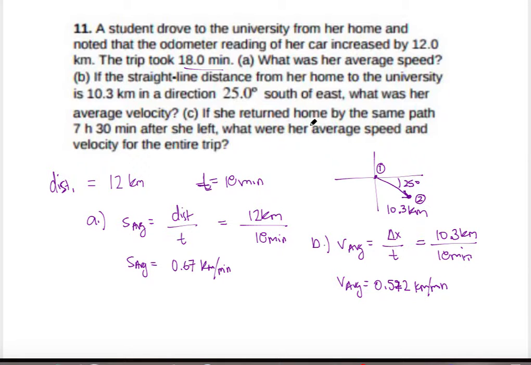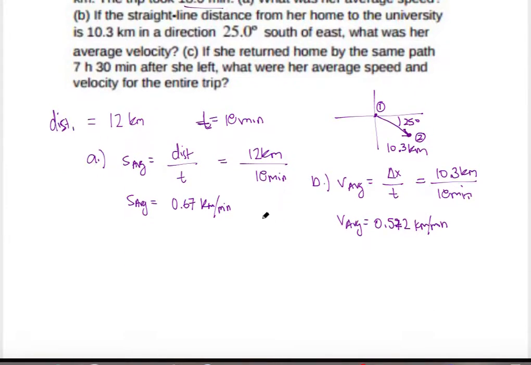Now C says if she returns home by the same path 7.5 hours after she left, what were her average speed and velocity for the entire trip? So this becomes a little interesting. So first off, we go the same path. So the total distance traveled will just be 2 times the 12 kilometers we went the first time.